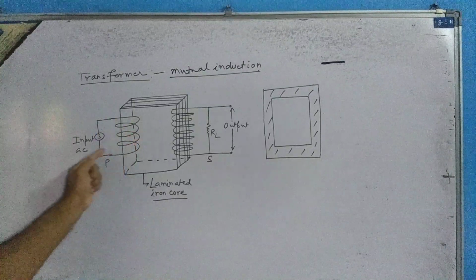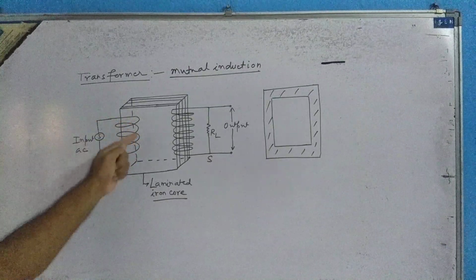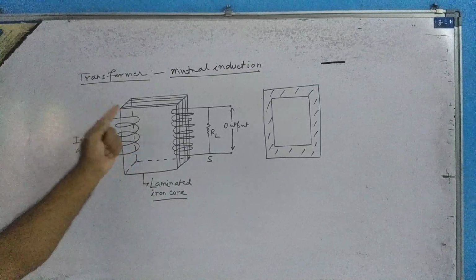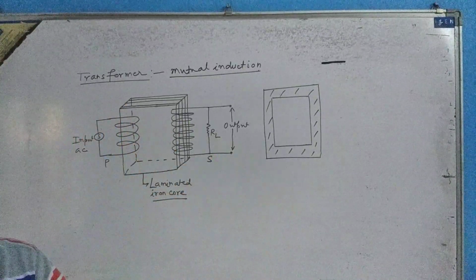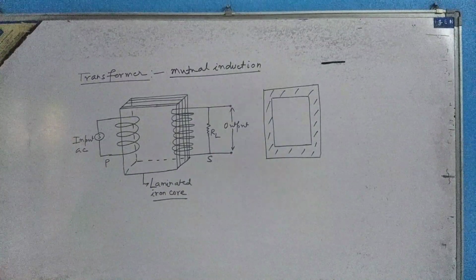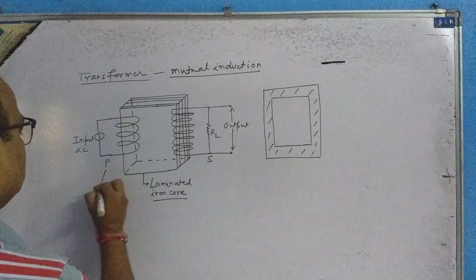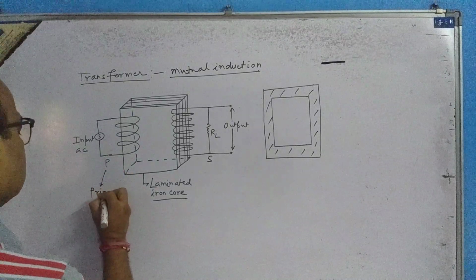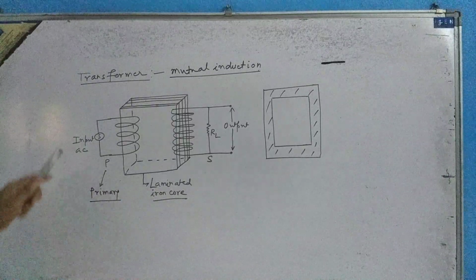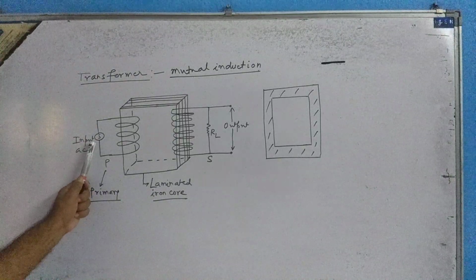One side of the laminated iron core here, on which there is the winding of the insulated copper wire, which acts as the primary coil P. P stands for, I told you before also, it is called the primary coil. And it is connected to the AC source.